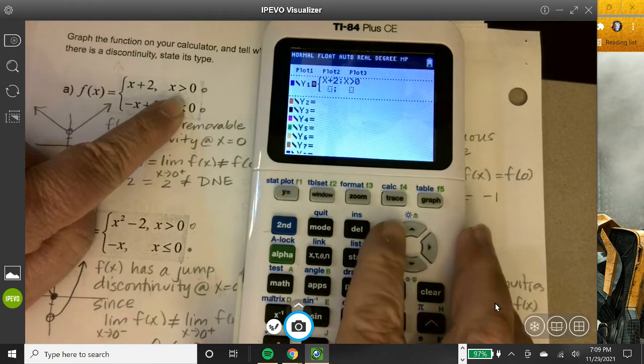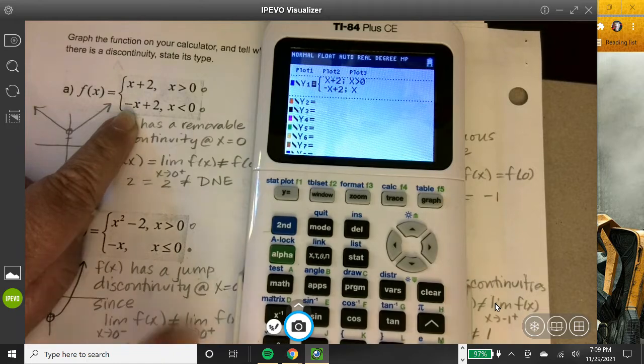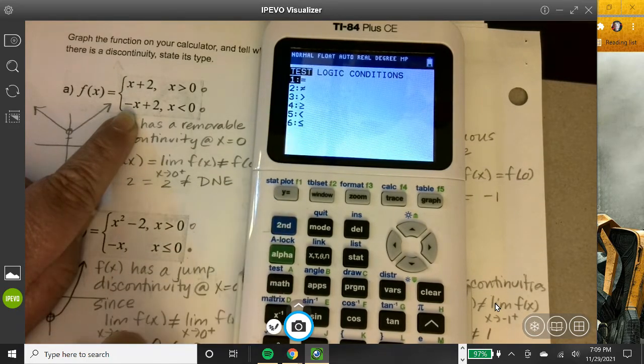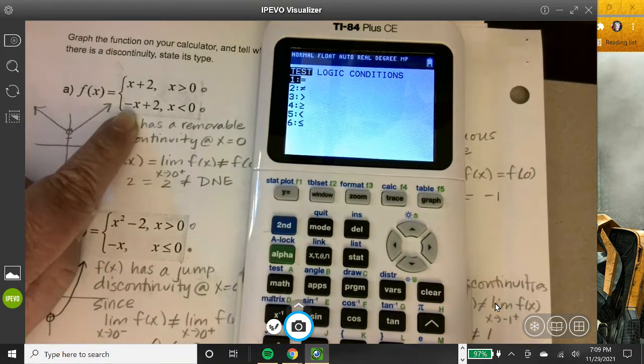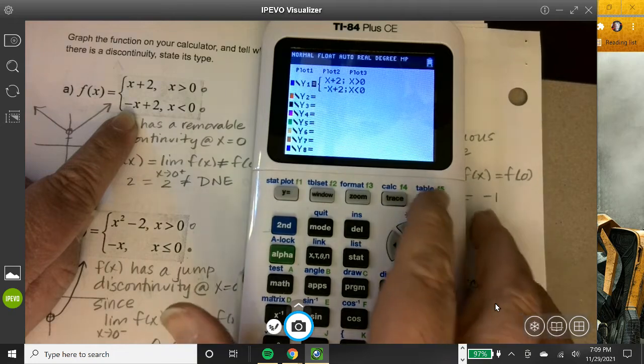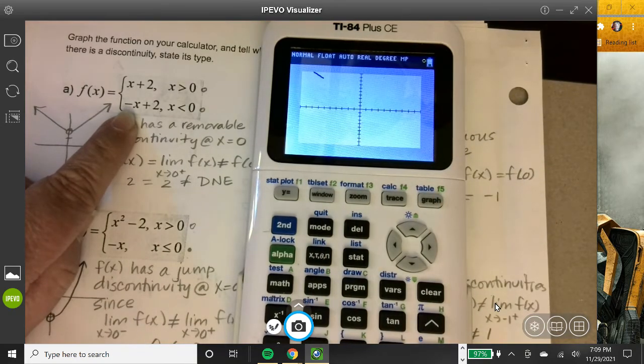Okay, I'm going to hop down to my next branch, which is negative x plus 2. And then I'm going to type in x less than 0. So we get to the less than by hitting second test number 5, 0. Press enter, and I'm going to hit graph now. I'm going to do a zoom 6 actually. Here we go, zoom 6.